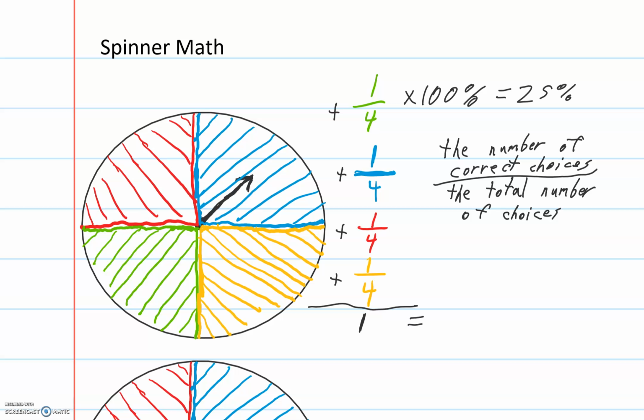And over here, if you times by 100%, it equals the total, which is just saying that if I flick the spinner, it's always going to land on either blue, red, green, or yellow. It's always 100% of the time going to land on one of those 4 colors. So it always has to add up to 1.